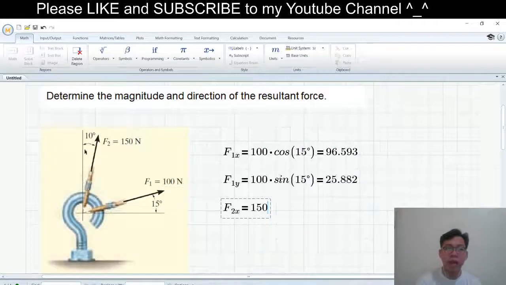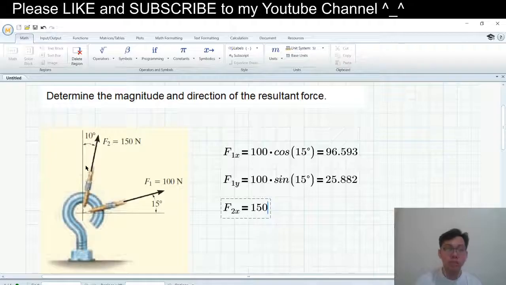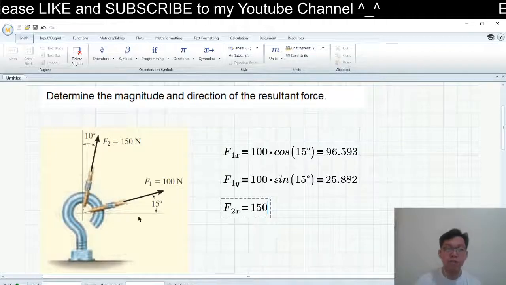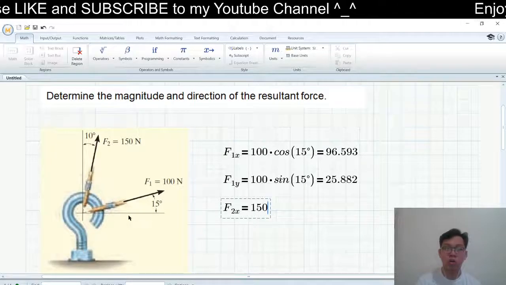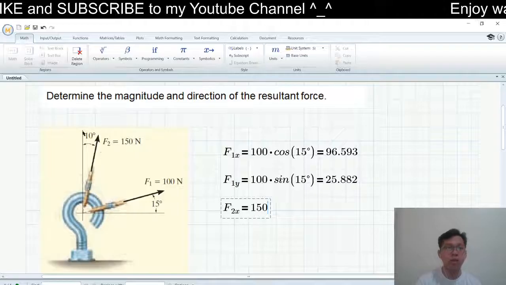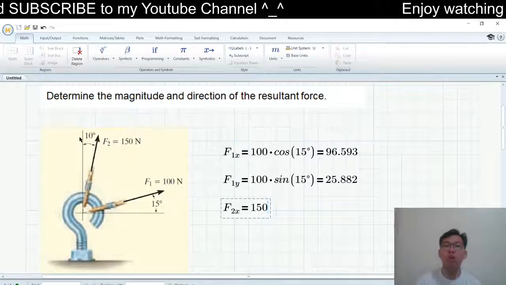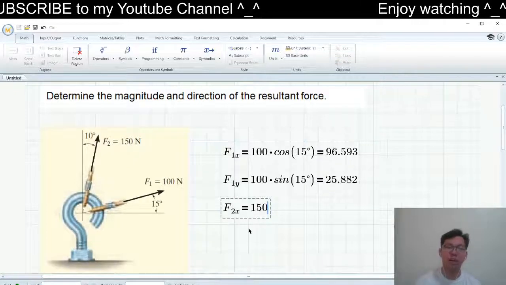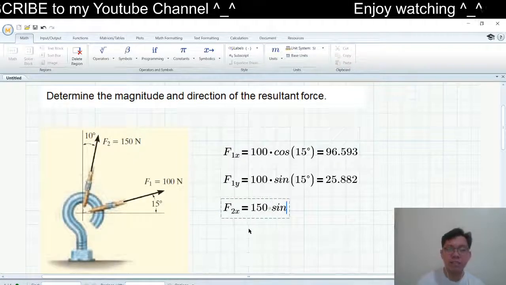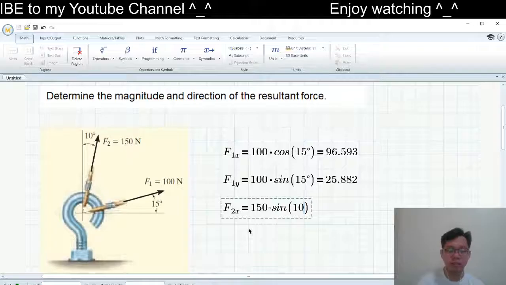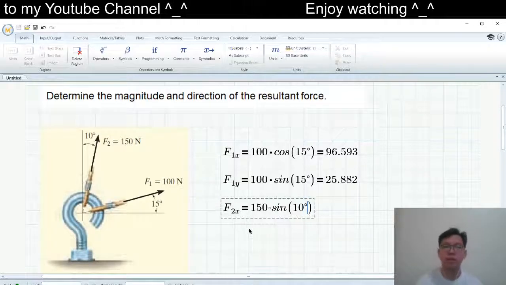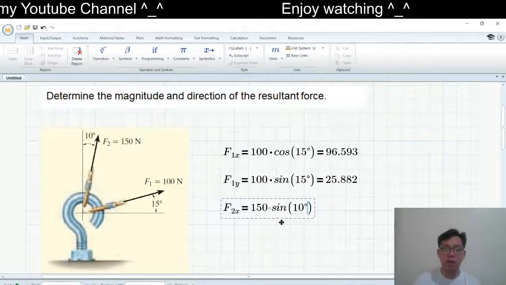So, meaning, ang Fy ang merong cosine, at ang Fx ang sine. Ito naman yung F2y natin, yung cosine. So, this is actually 150 sine 10 degrees.